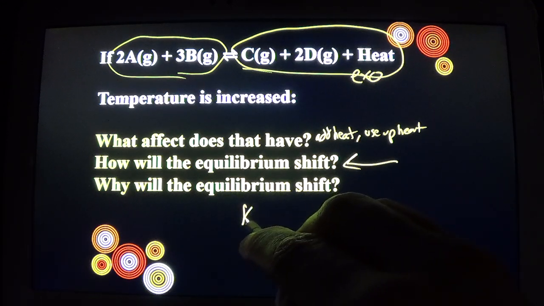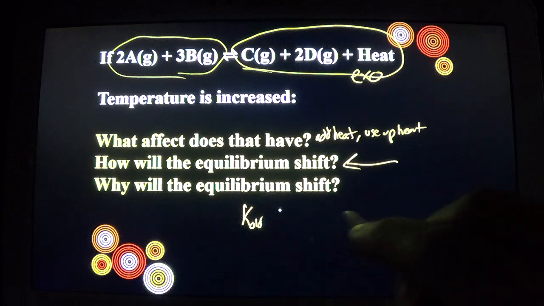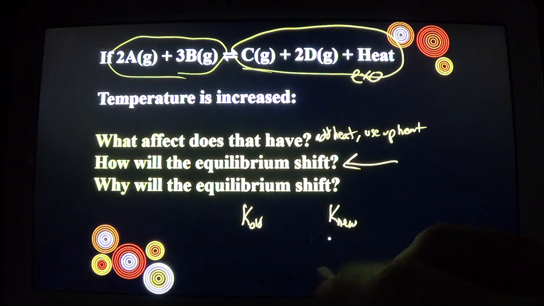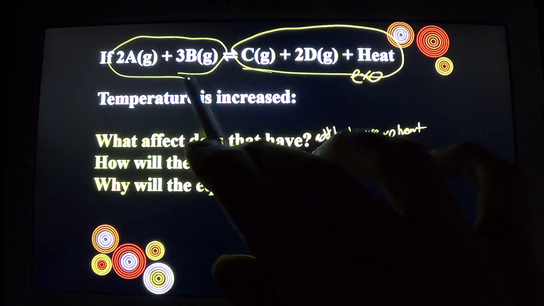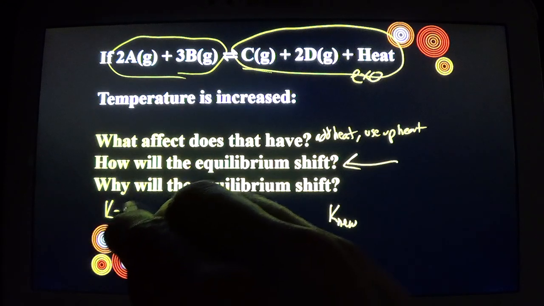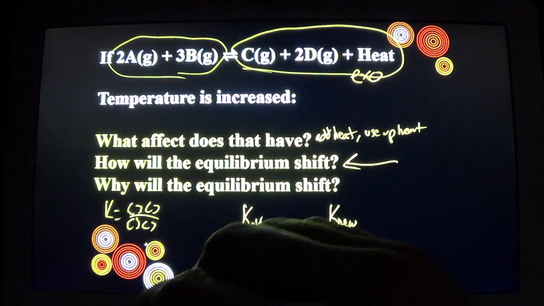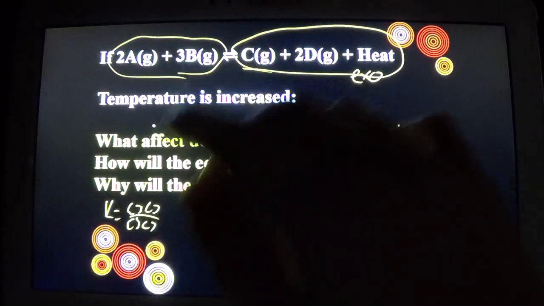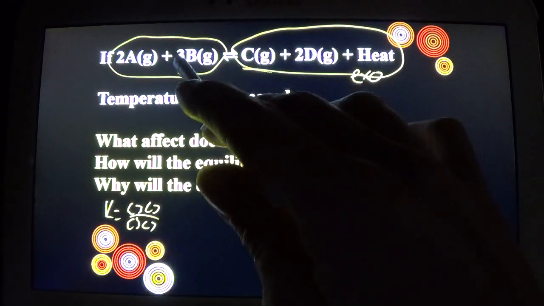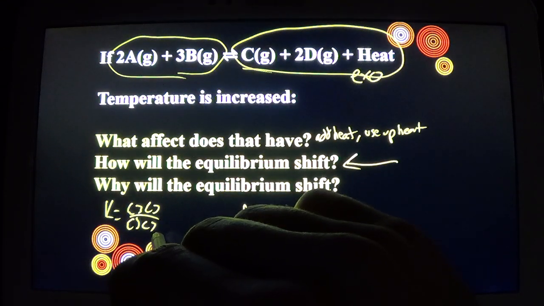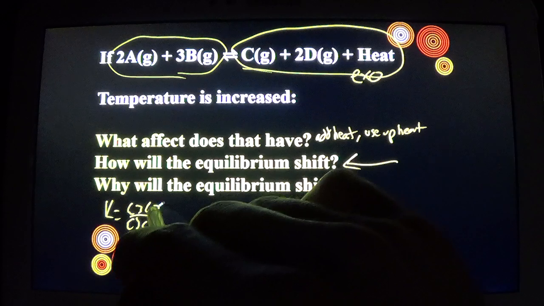Our K old, and then we have our K new. And let's bring in my doodle, concentrations. Yes, I know I'm not squaring them or tripling them, I know I don't have the exponents, but that's okay.